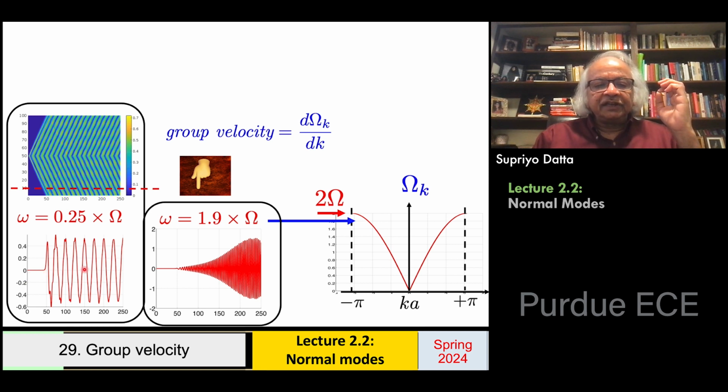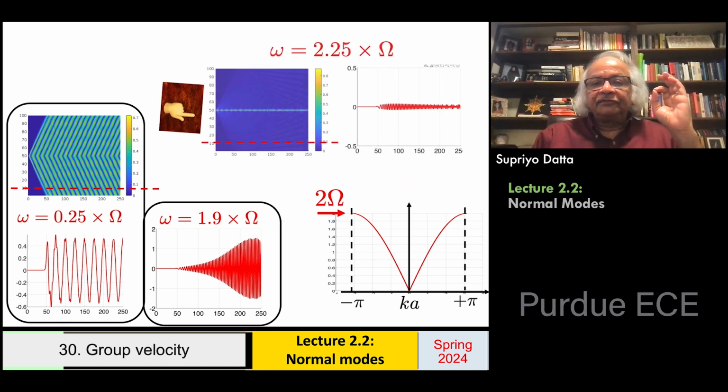And after that, you see a nice sinusoidal oscillation. But with this frequency, you won't see anything that clean. You see this thing building up because waves have different group velocities. Each one is appearing at different times, and it has a more complicated response. And if you actually increase the frequency further, so you are outside this band, then you'll find the wave can't even propagate.